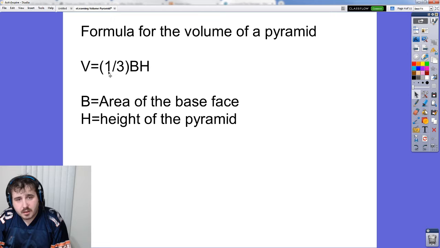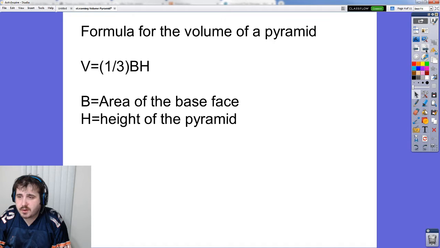But basically, if you were to have a cylinder and a cone, or any two prisms with the same base, the exact same base, same radius, same dimensions, same everything, and they had the same height, then the cone is going to hold exactly 1/3 of the amount of liquid or solid or whatever that the prism will. So that's something to know. That's what this means.